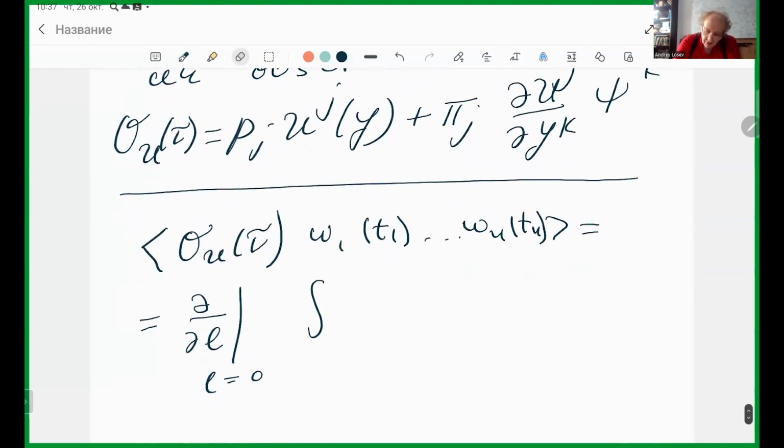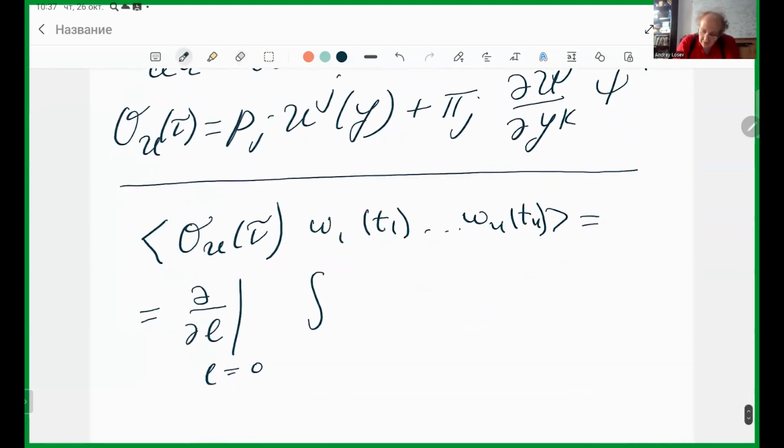And here I compute an integral over the space and L. And here I have evaluation at point T1 of omega 1 times evaluation at point Tn of omega n.